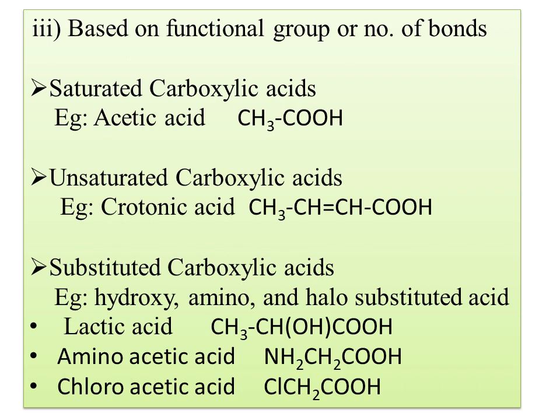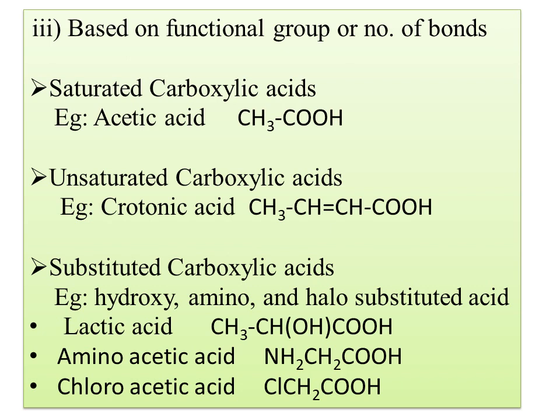The third classification is based on the functional group or the number of double bonds. According to the nature of the functional group or number of double bonds, the carboxylic acid is classified into 3 types: saturated carboxylic acid, unsaturated carboxylic acid and substituted carboxylic acid.